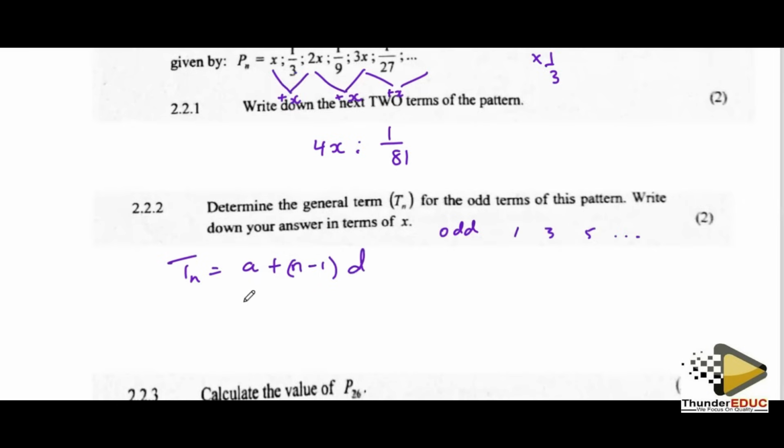So our first term is x. This is n minus 1. Our common difference is also x. Then when you open that and simplify, it's going to be x plus xn minus x. So this cancels that, which means my Tn is going to be the same as xn or nx. Check out.